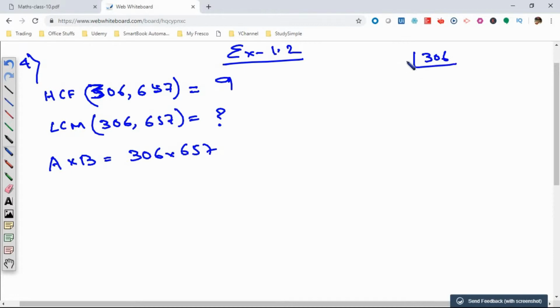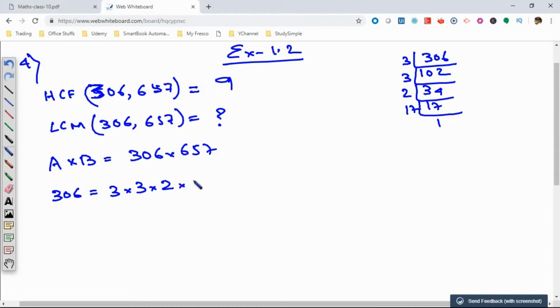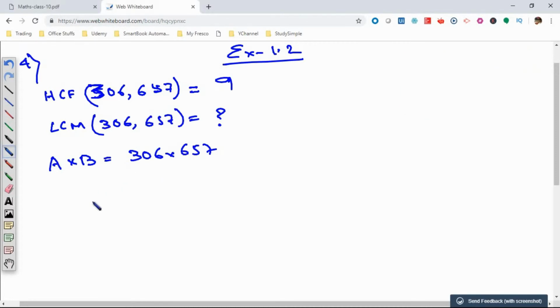So 306 is 3 into 102, 3 into 34, and 34 is 2 into 17, so 306 is 3 3 2 17. 657 is, okay, so we have these two numbers.